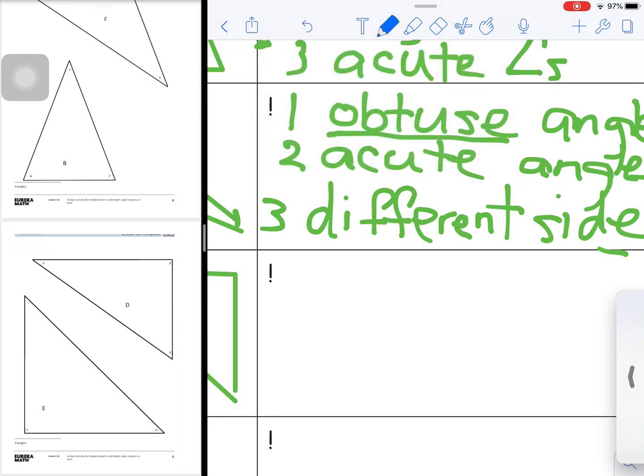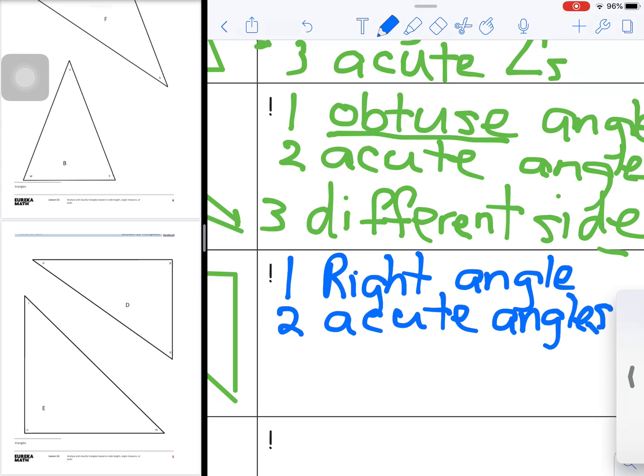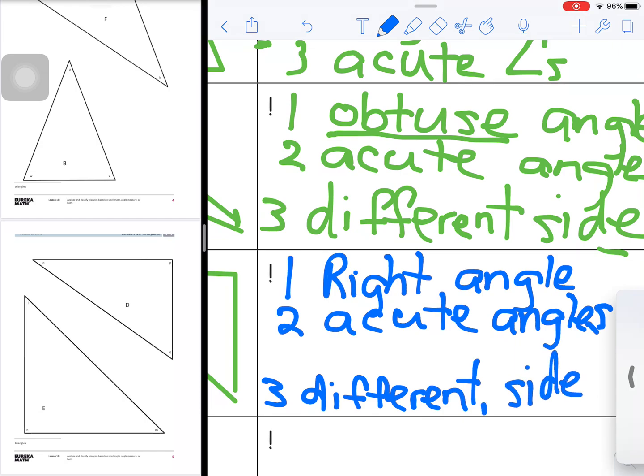It has one right angle and it has two acute angles. Okay. What about the side lengths? You can probably estimate that it has 3 different side lengths.